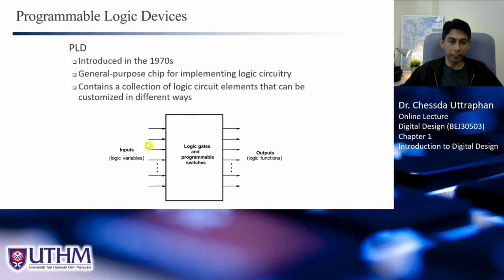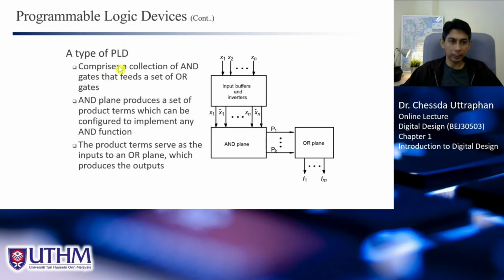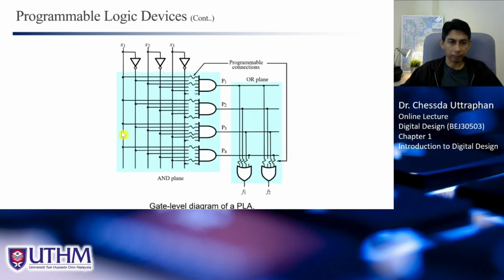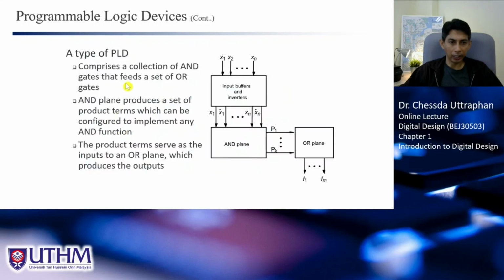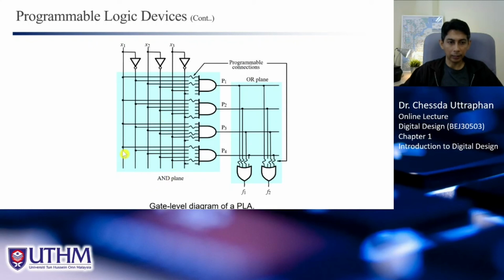For example, we give input, we customize this based on our specification, and we get the output. The first PLD is called the PLA, programmable logic array. It contains what we call the AND plane and the OR plane. We have programmable connections, or programmable switches, where we can connect and reconnect based on what we want to implement.